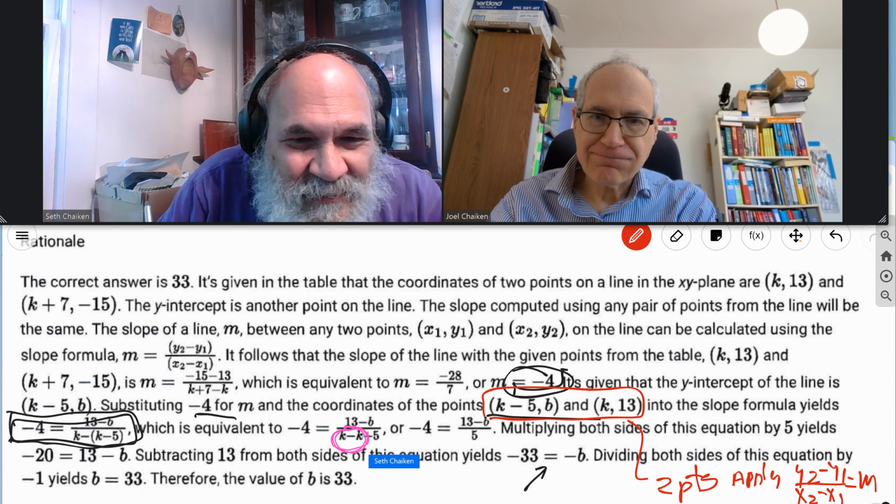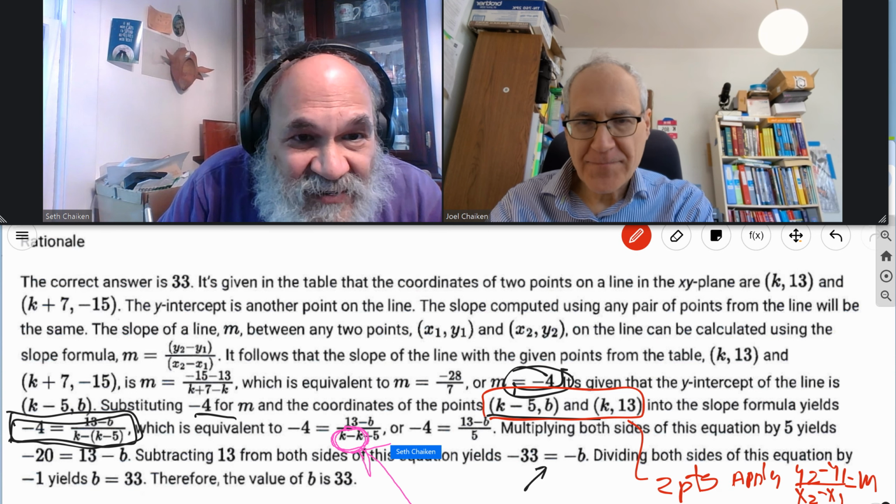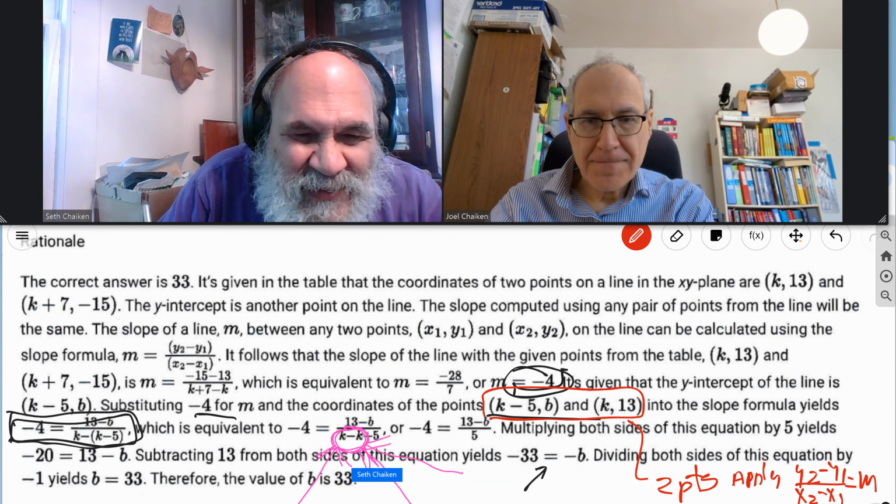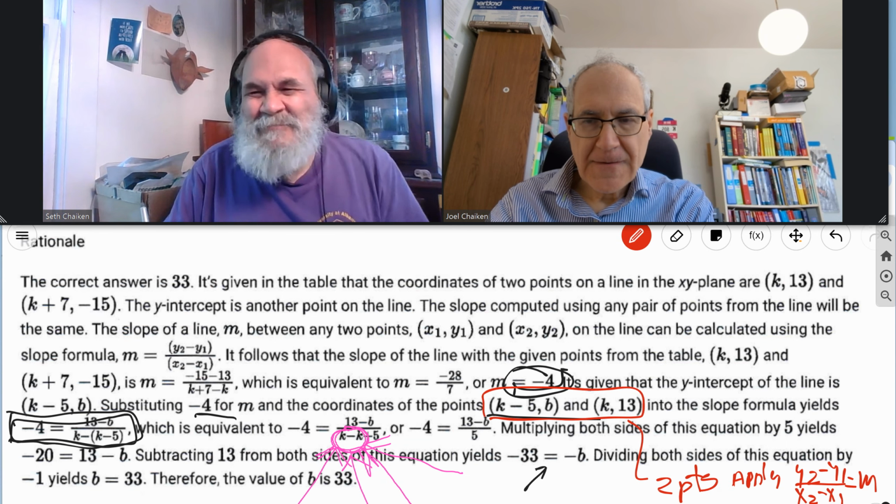Look at that. When they did the calculation, when they plugged in the slope formula, the k disappeared.